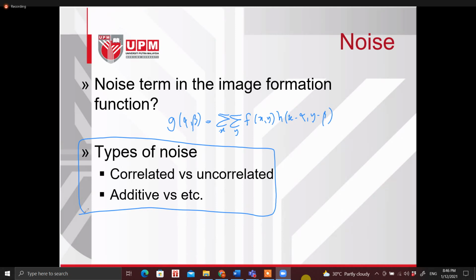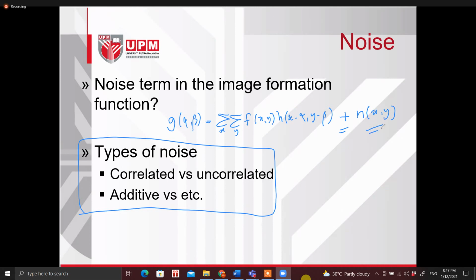Additive means that to the whole function we just add a noise term. Uncorrelated means that it has its own value. So this is called additive noise because you add, and uncorrelated because it has its own value.